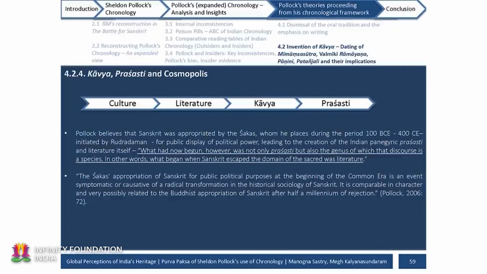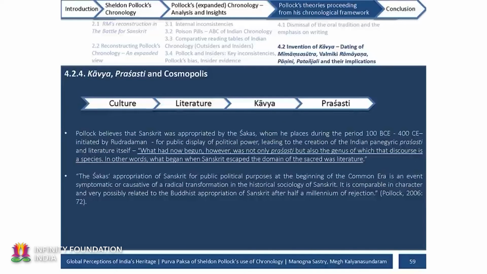Pollock then introduces the idea of this prashasti, which is the royal panegyric, and he credits the Shakras, especially the Shakra prince Rudradaman, for inaugurating this new literary form in India. He, in fact, believes that what began with Rudradaman's inscription was not only the prashasti, but also a discourse in which Sanskrit escaped the domain of sacred and became literature.